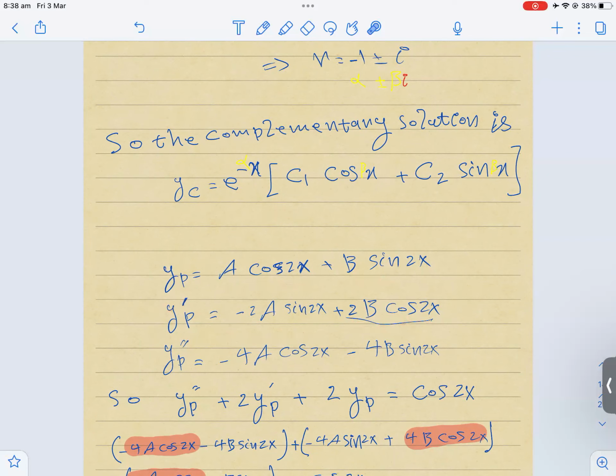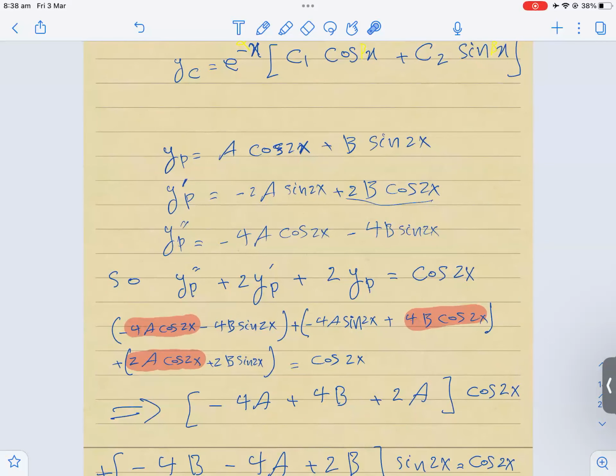And yp double dash equals minus 4a cos 2x minus 4b sine 2x. We chose yp as the particular solution, so yp double dash plus 2yp prime plus 2yp equals cos 2x.